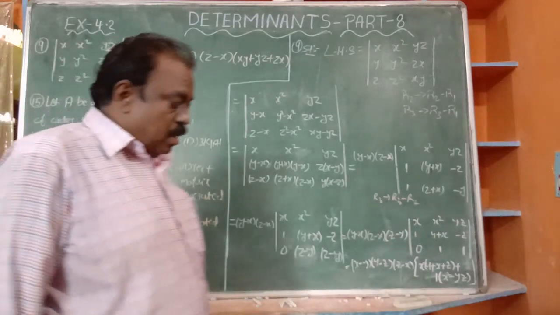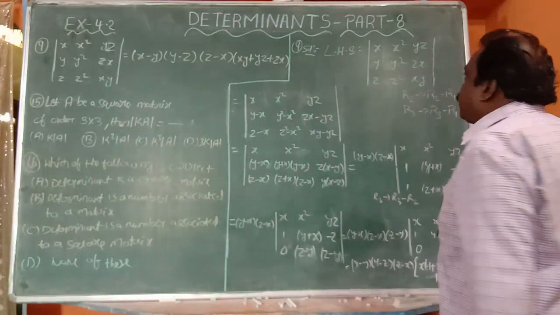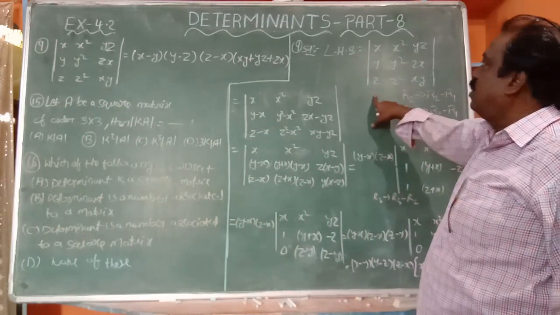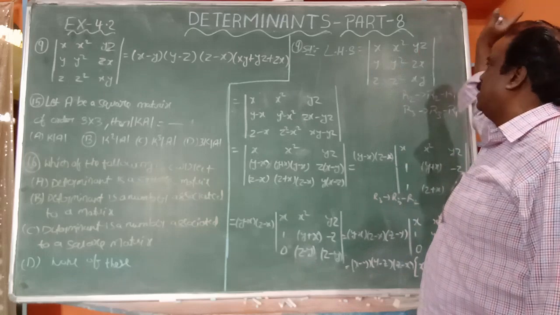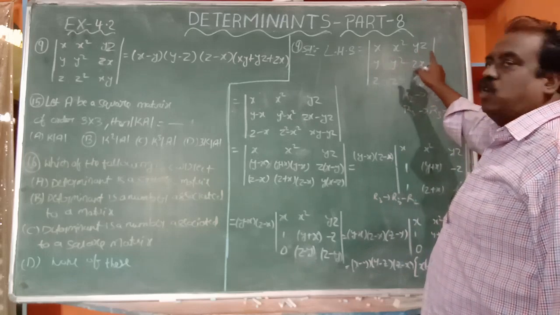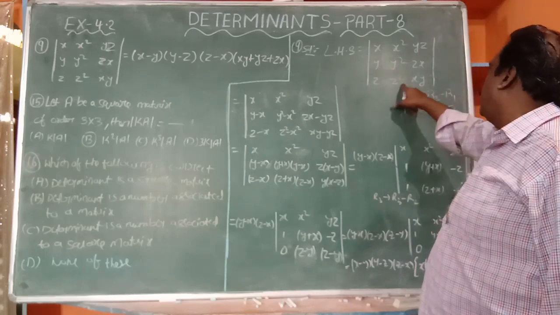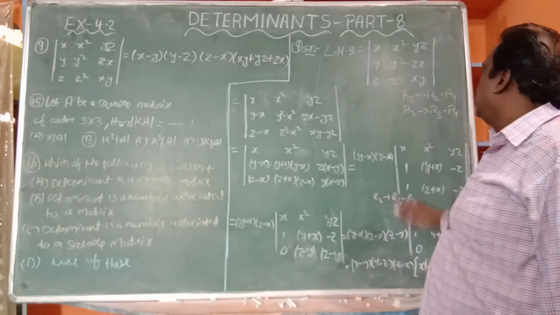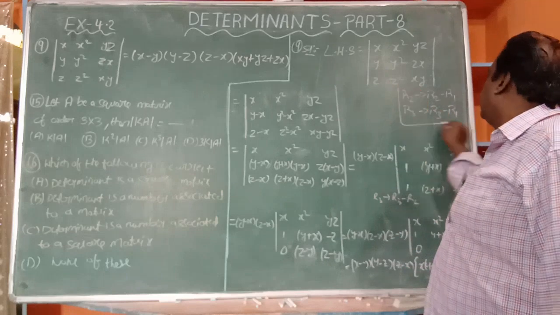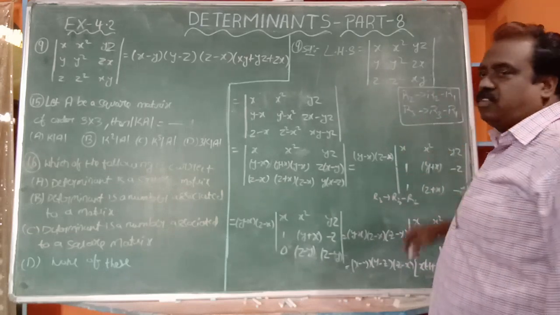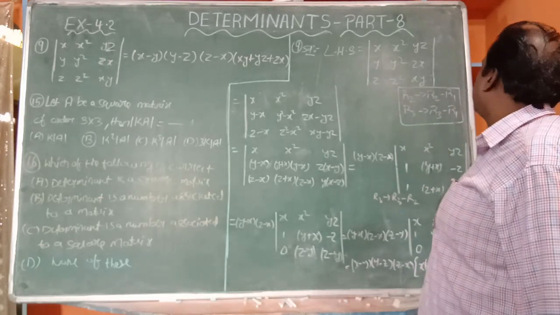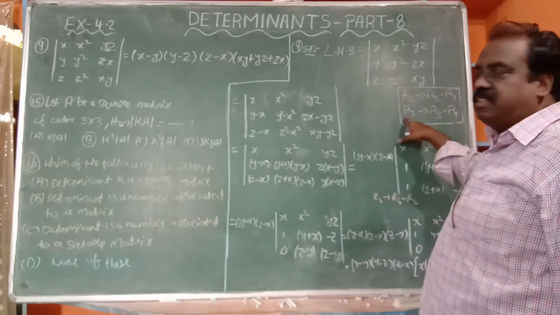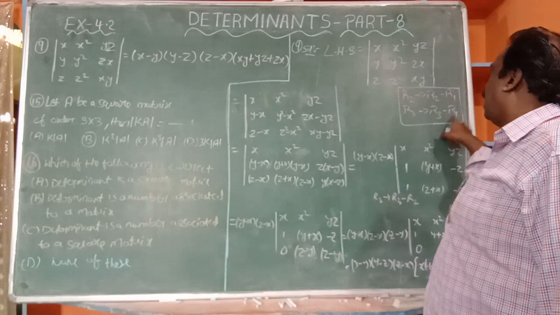Now you see, 9th problem. LHS is x squared, yz; y squared, zx; z squared, xy. Here I want to apply this operation, this property: R2 changes as R2 minus R1, R3 as R3 minus R1.